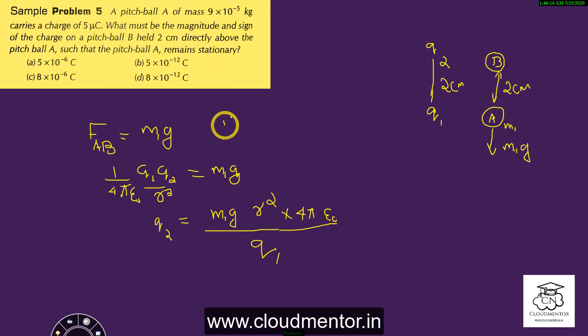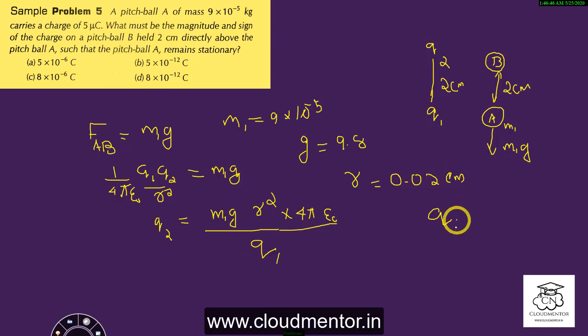The m1 is 9 multiplied by 10 raised to minus 5, this is the mass of the pith ball A, and g must be taken as 9.8, or you can also do it by taking the value 10, and r is given as 2 cm, which will be equal to 0.02 meter. And q1 is given, that is 5 microcoulomb, that is 5 multiplied by 10 raised to minus 6 coulomb.